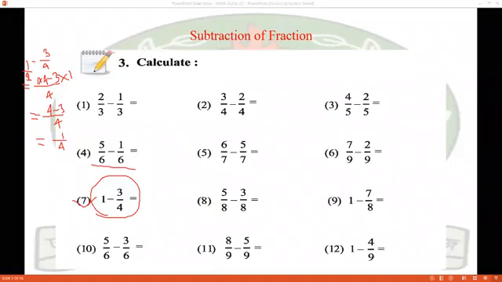In number 8, there is 5 by 8 and 3 by 8.